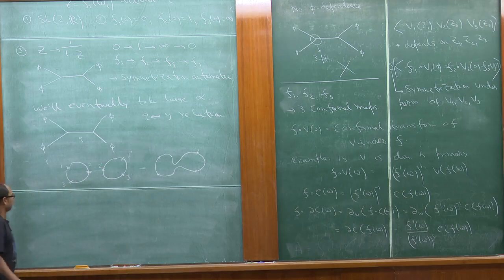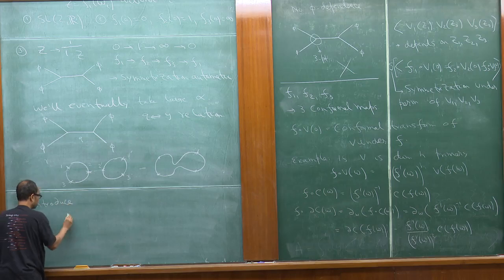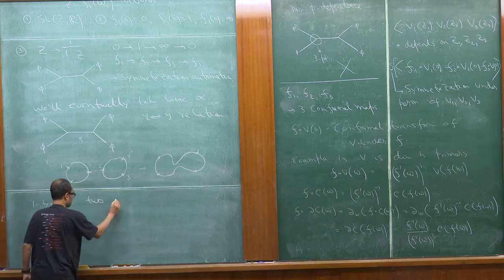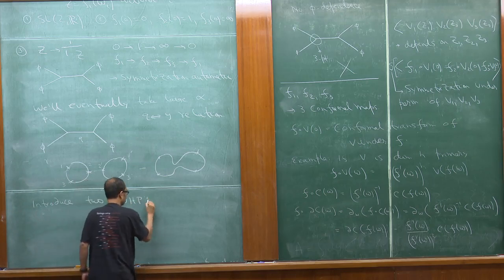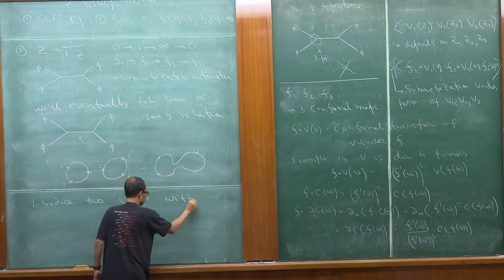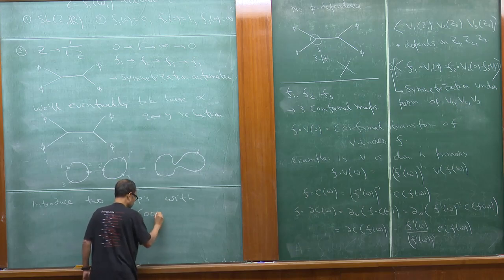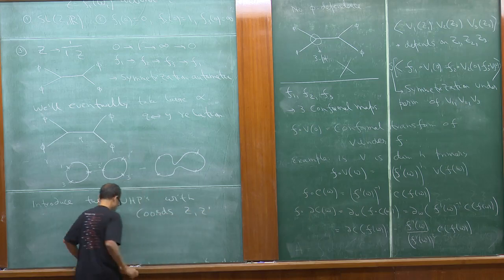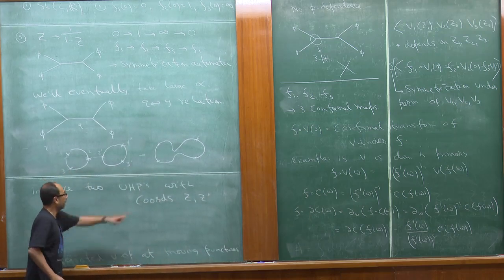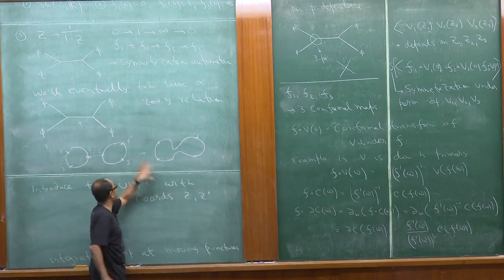What we do is that we introduce two upper half planes with coordinates z and z prime, one for this one and z prime for this one.